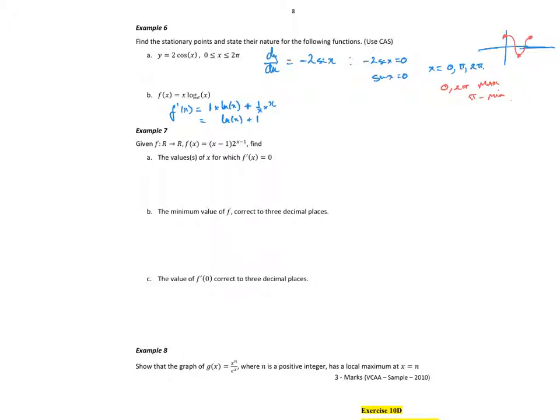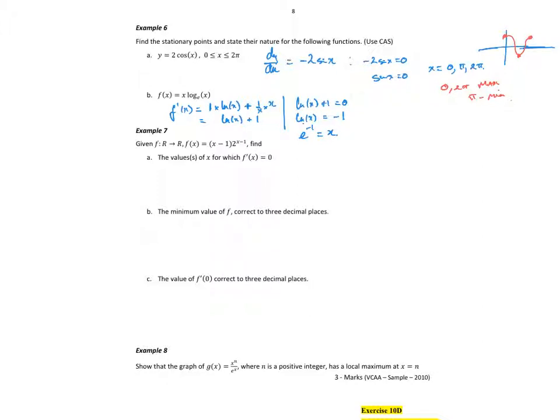So I've got to solve that equal to 0, which means I get the natural log of x plus 1 is equal to 0. So natural log of x equals negative 1. That's base e, so e to the minus 1 is equal to x. So there's my stationary point, the x coordinate anyway.